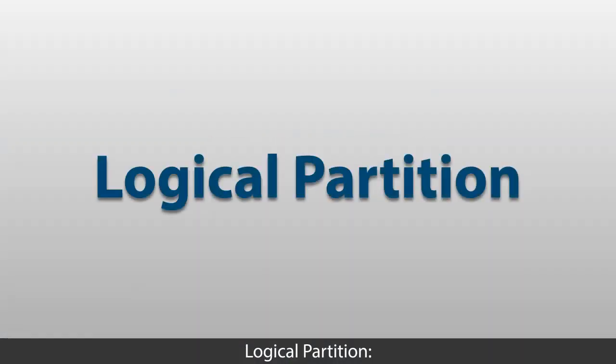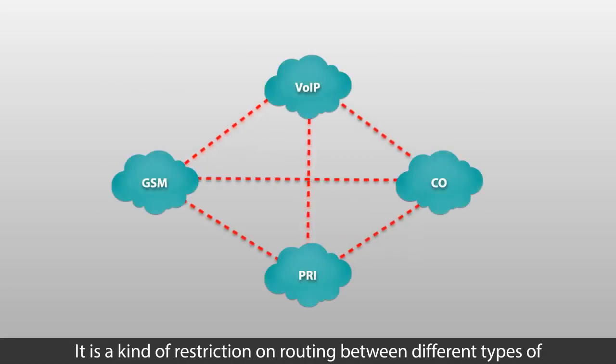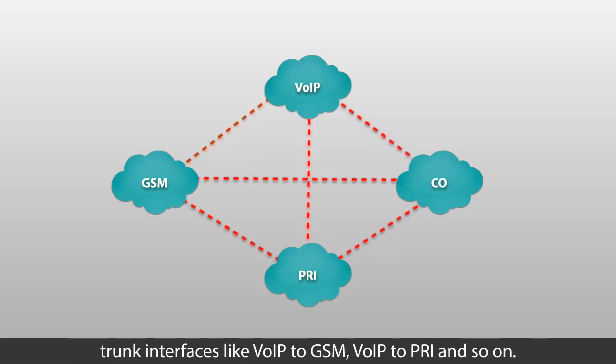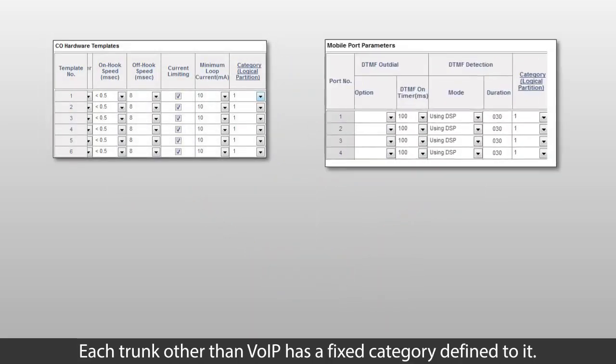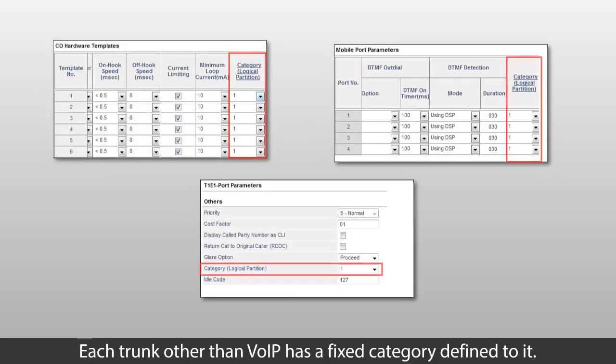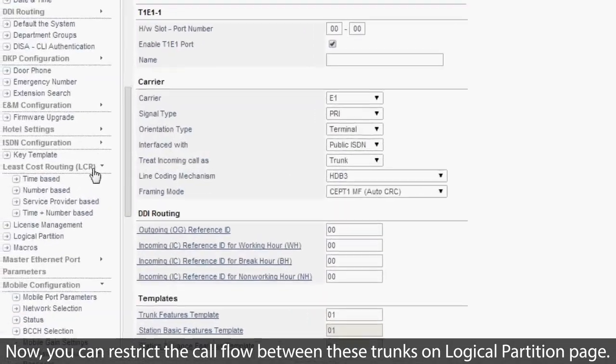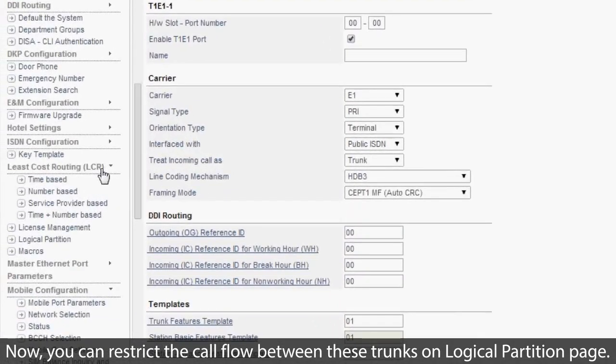Logical partition. It is a kind of restriction on routing between different types of trunk interfaces like VoIP to GSM, VoIP to PRI, and so on. Each trunk other than VoIP has a fixed category defined to it. Now, you can restrict the call flow between these trunks on the Logical Partition page.